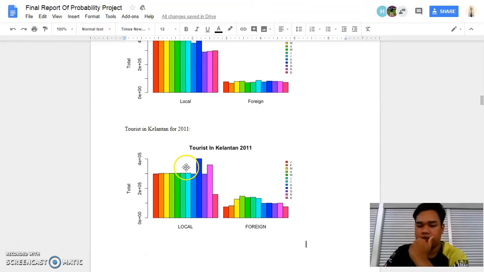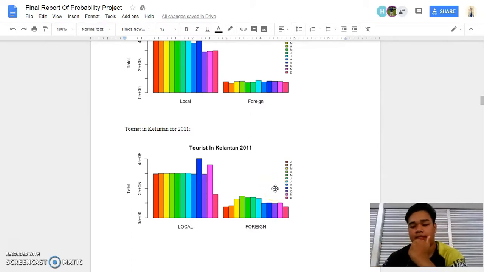In 2011, the number of local tourists is widely uniform until September, quite high in September, October, November and December. But for the foreigners, it is like a bell shape.